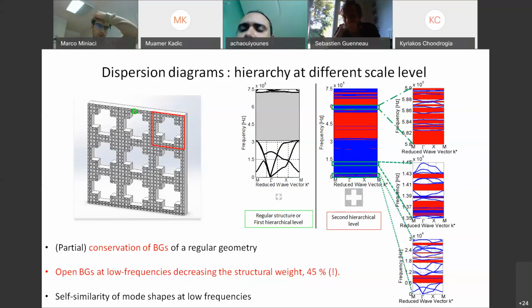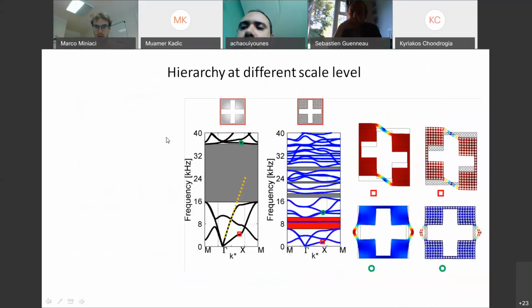No. Why do you say that you would not find the band gap? Because you said if you take the second hierarchical, it is the same structure as this one and the other one, just with the next slide. So you are comparing this one and this one. No, sorry, maybe the problem is due to the quality.